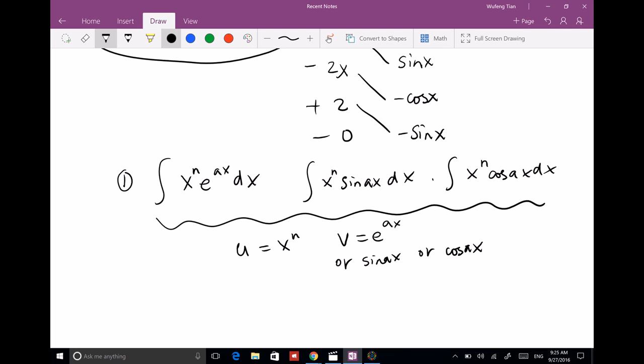That's what you do for all kinds of this form. It covers a lot of integrals.